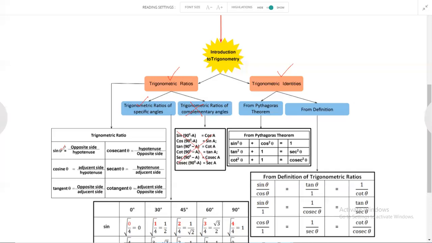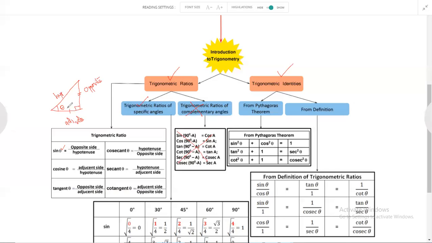And they are sine ratio, or sine theta, where these ratios are taken with respect to a particular angle, where theta is an acute angle of a right triangle. If this is a right triangle, and this angle is theta, then this side is the opposite side, this side is the adjacent side, and this is the hypotenuse.